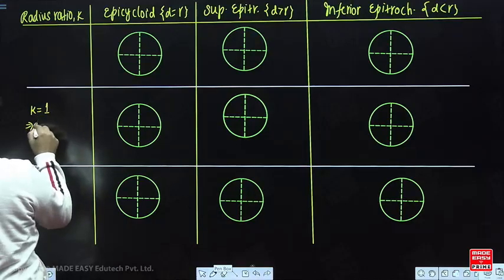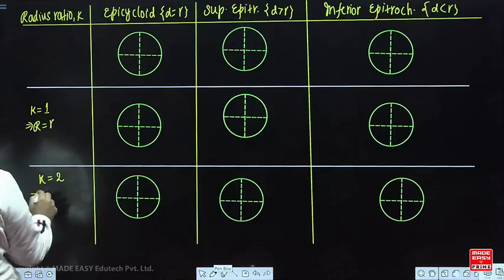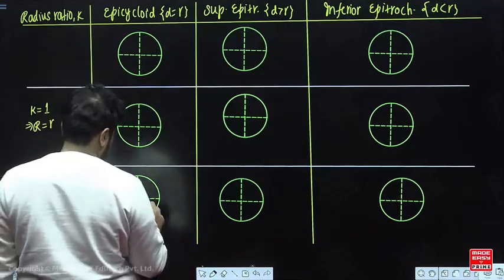That means capital R is equal to small r. Here k is equal to 2. That means capital R is equal to 2r. Correct.